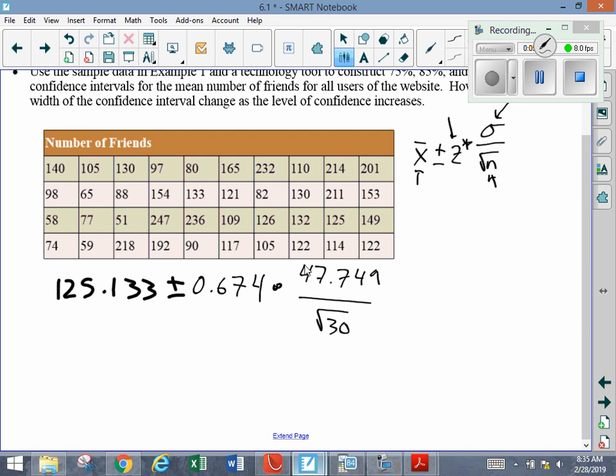So 0.674 times 47.749 divided by the square root of 30 is 5.876 approximately. So what is this quantity that I just calculated? It is our margin of error.